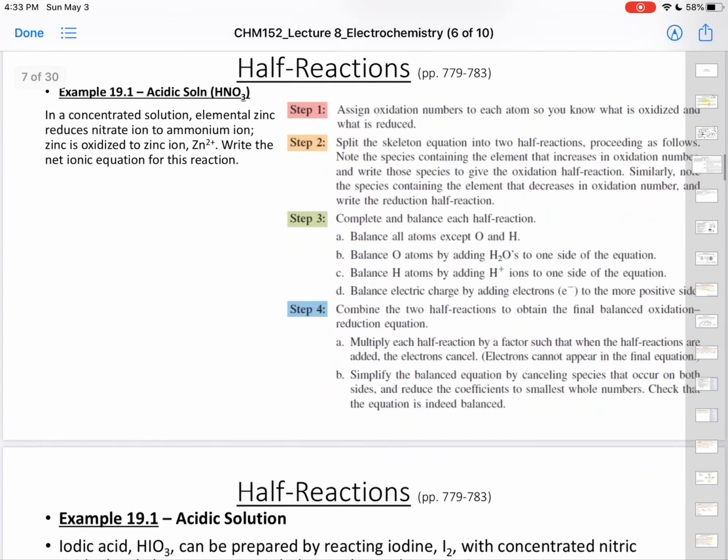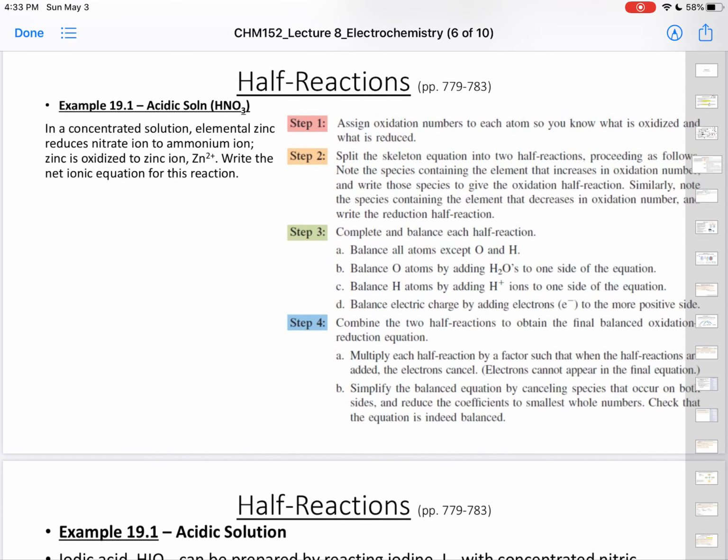Okay, let's just do another example real quick. All right, so you've got elemental zinc, and it reduces nitrate ions to ammonium ions. So what we need to do is write down what equation is happening.